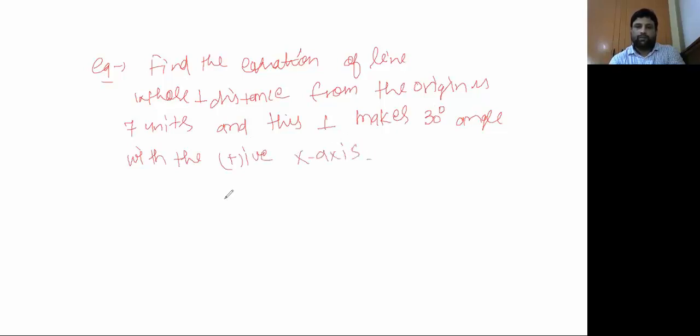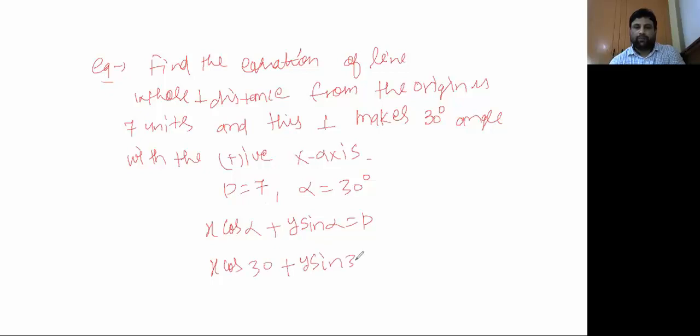So here p is given, that is 7, and alpha is also given, 30 degrees. We can apply the formula x cos alpha plus y sin alpha is equal to p. Substituting, it becomes x cos 30 plus y sin 30 is equal to 7.